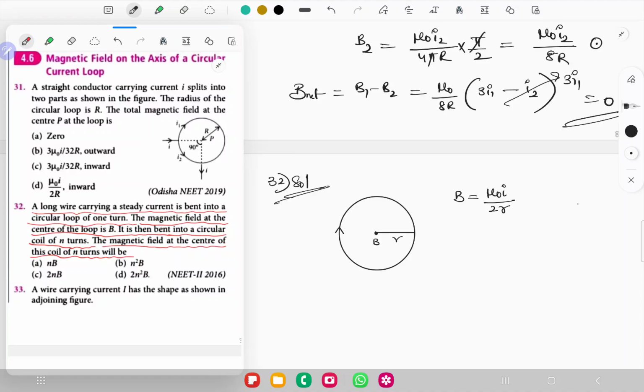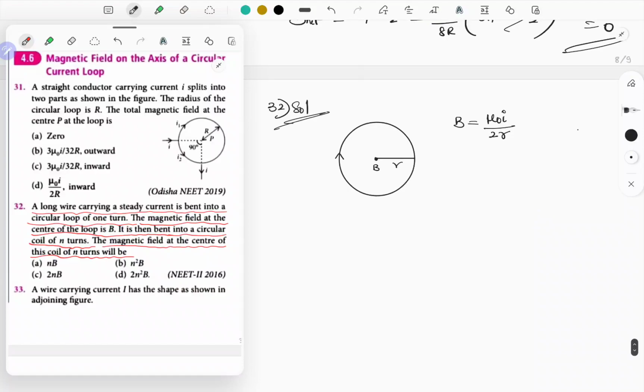Now the same coil is coiled in n number of turns. When the same coil is converted into n number of circular coils, what happens to the radius of the circle? Decreases or increases? It's going to reduce by how many times? N number of times.